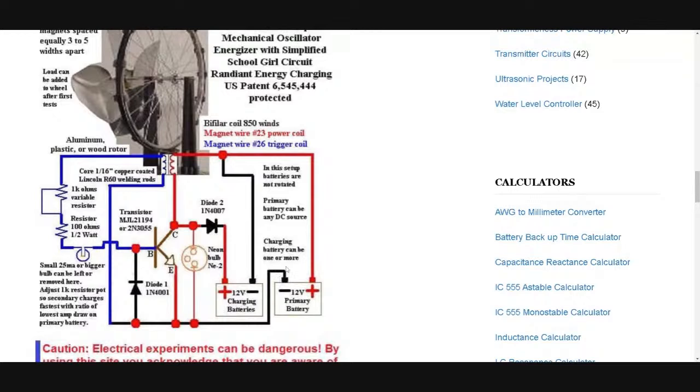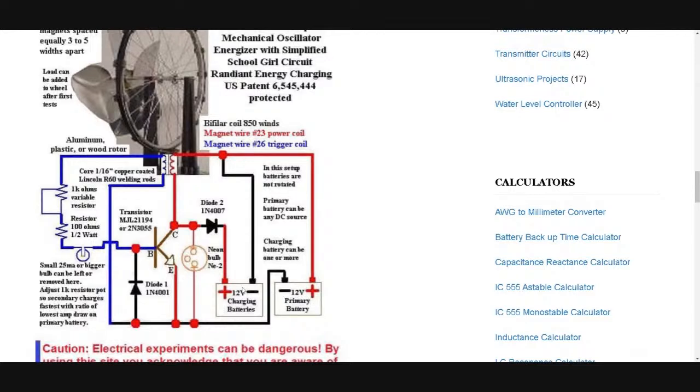The negative of the drive battery connects through the low voltage diode to the base of the transistor here. So some of that reverse flyback voltage goes through into the charge battery, so it doesn't even reach the driving battery.